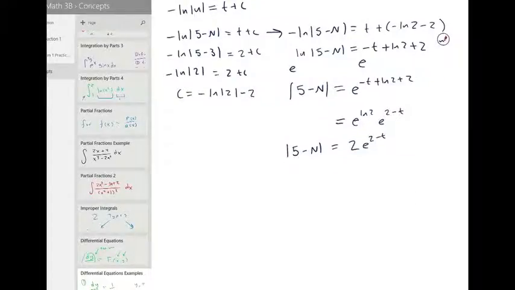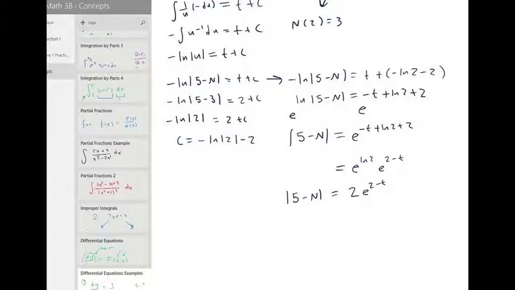To check if this is a positive or negative value, we check our initial condition really quick. If we put in 2 here for t, we get the absolute value of 2 equals 2, and if we take the positive value of this, the equation holds, so we can drop the absolute value and leave it positive.